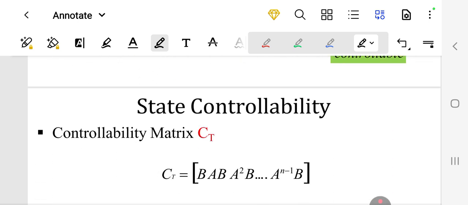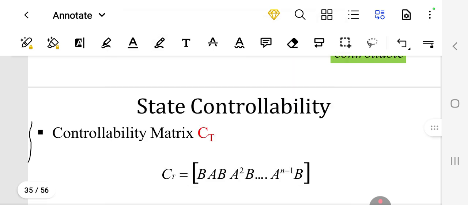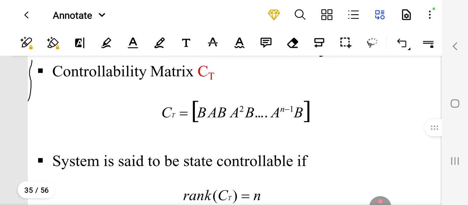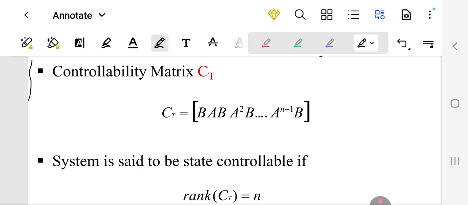How can we mathematically check the controllability of the system? We can check the controllability of the system by obtaining the controllability matrix, which consists of B, then AB, A squared B, and A to the power 2 B, until A to the power n minus 1 times B, where n is the order of the system.